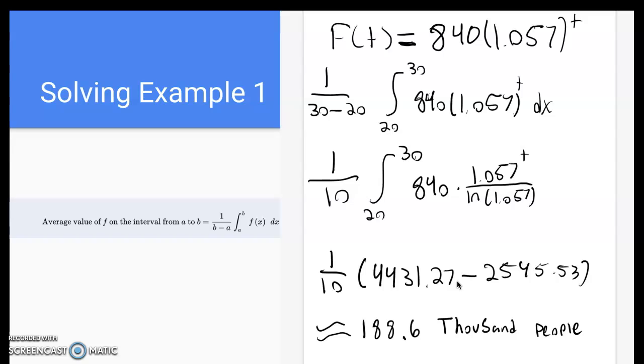Then we have to subtract what we would get from plugging the 20 into the t, which would give us 2,545.53. Once you subtract those two numbers and multiply by 1/10, it approximately comes out to 188.6 thousand people living in Orange between 2030 and 2040.